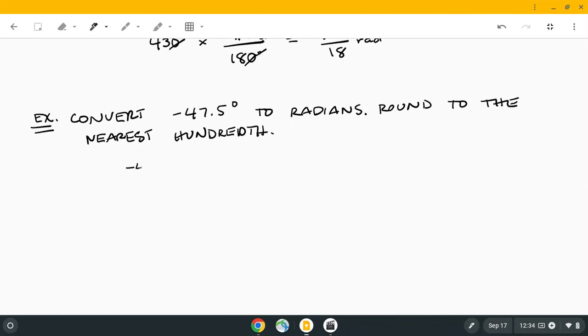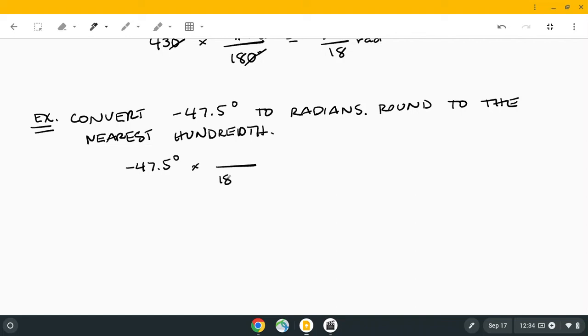All right, so negative 47.5 degrees. When it says round to the nearest hundredth, you're actually going to work out that pi into your answer. So your final answer.